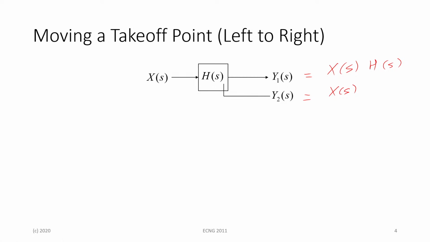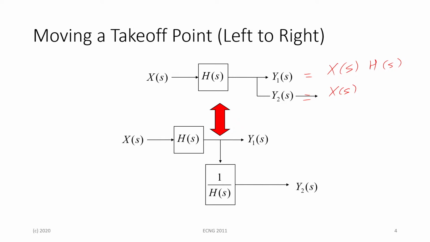When we move this towards the right hand side, we see that in moving it from the left hand side to the right hand side of the h of s block, the compensation is that we need 1 divided by the h of s block here in order to maintain the y2 of s equation.